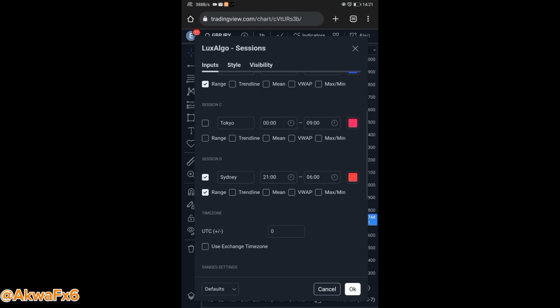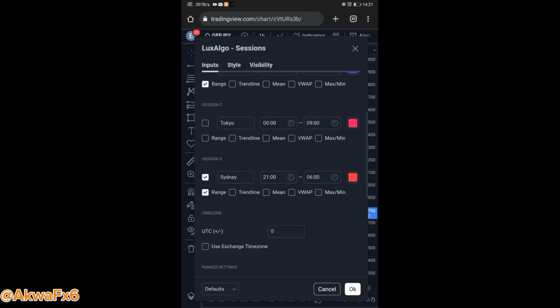Then the signal here indicates my Asia. Since I'm not using the paid version of TradingView, I cannot use more than 2 indicators. So the signal here, since Lux Algo has already carried the Asia session, I have to make use of it. So the signal here is the same as the Asia session.